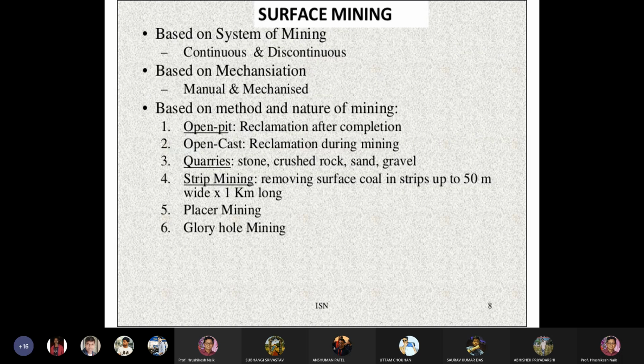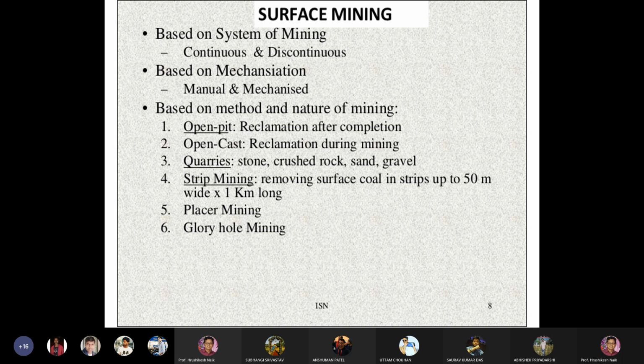In surface mining, what are the systems you find? Based on system of mining, surface mining is classified into continuous mining and discontinuous mining.